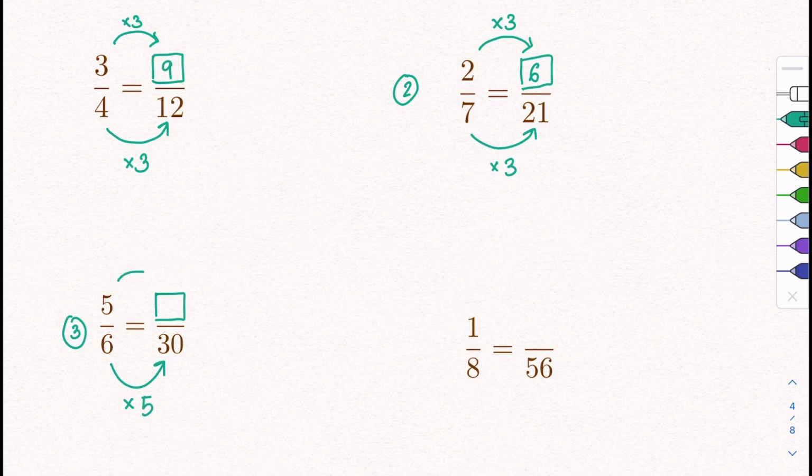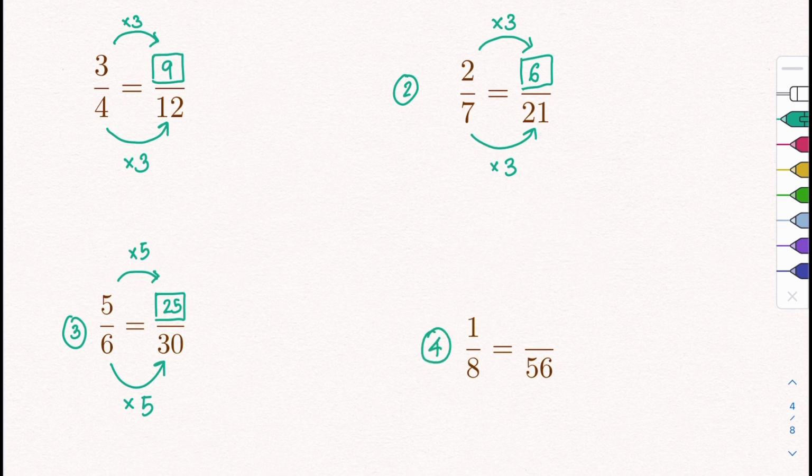Knowing this, we have to times 5 to the numerator to get our missing numerator. So 5 times 5 is equal to 25. And that means that 5 over 6 equals 25 over 30, and that these two fractions are equivalent.